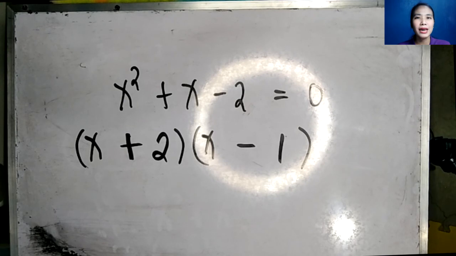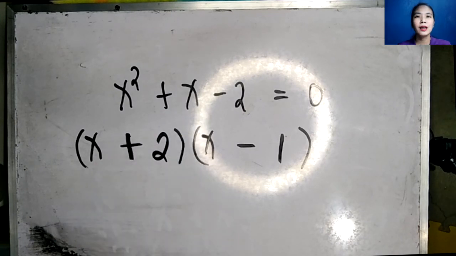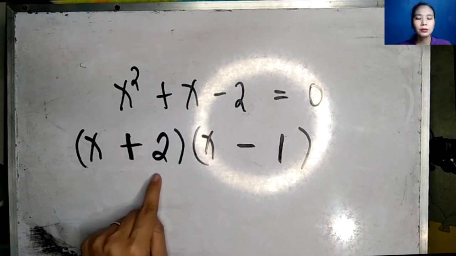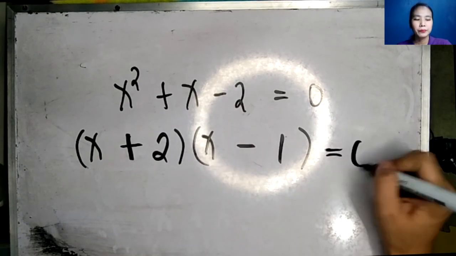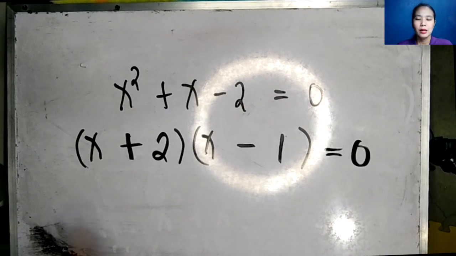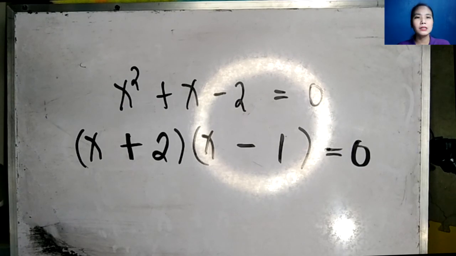Meron tayong negative x plus 2x which is equal to positive x. Ito ang ating middle term. And ang ating last terms, imumultiply 2 times negative 1 is equal to negative 2. So, ibig sabihin, ang ating factors ay x plus 2 and x minus 1 kasama ang una nating na-solve na factor which is x minus 3.